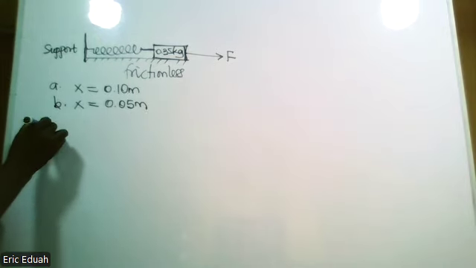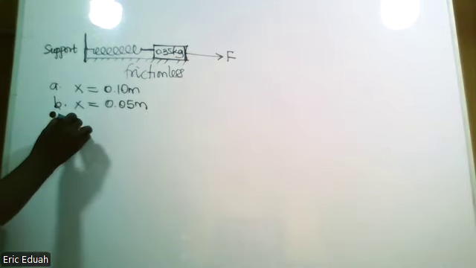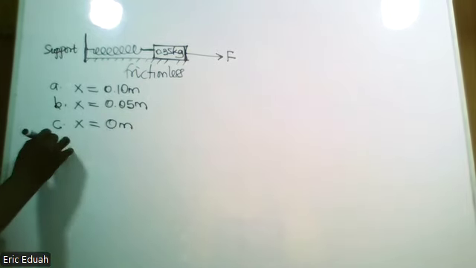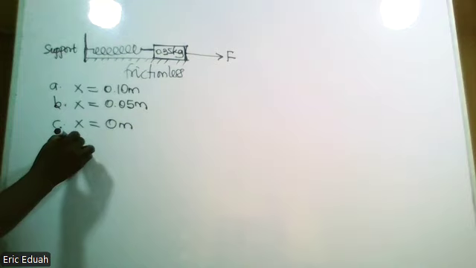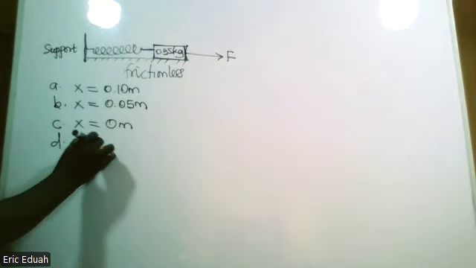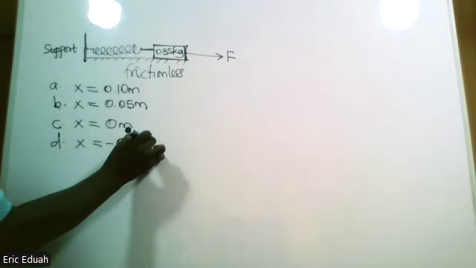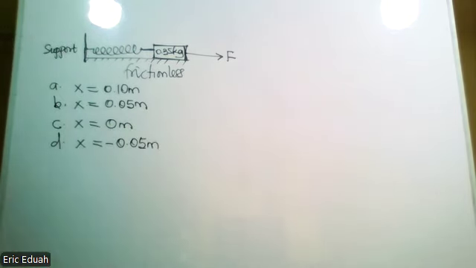C, x is equal to 0. And D, x is equal to negative 0.05 meter. We have to find the force acting on it and its acceleration.